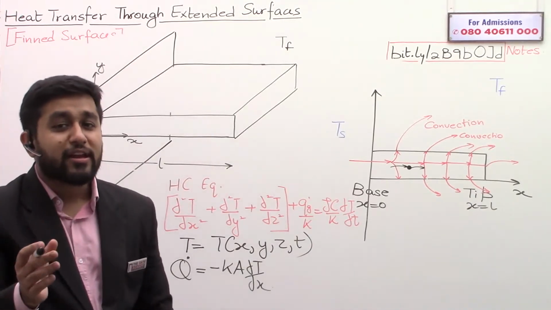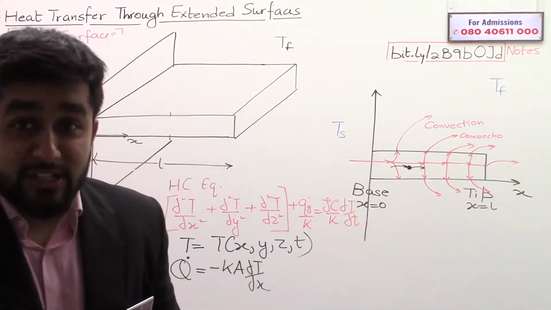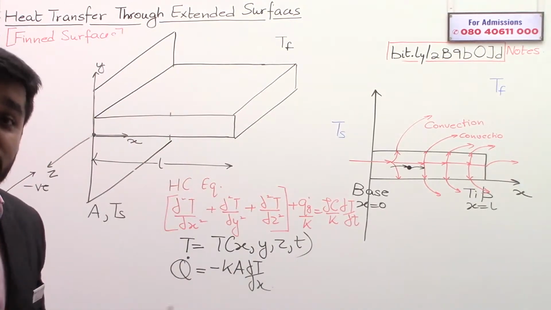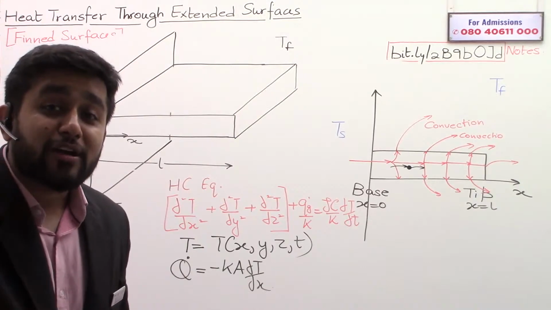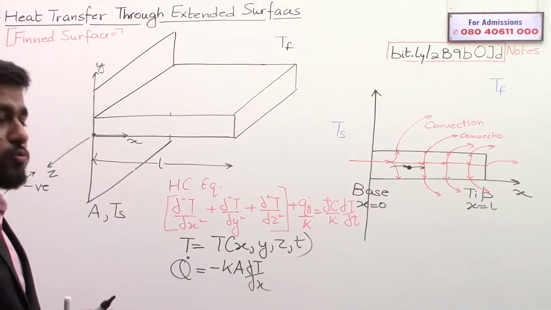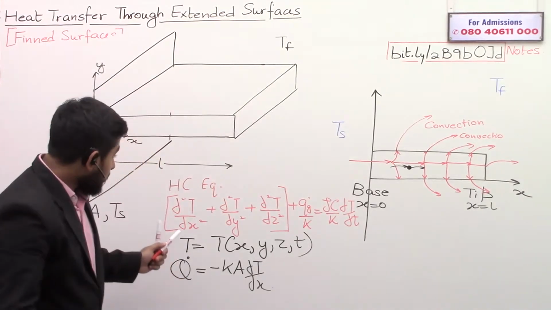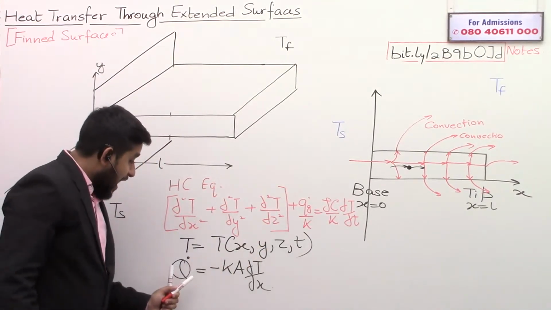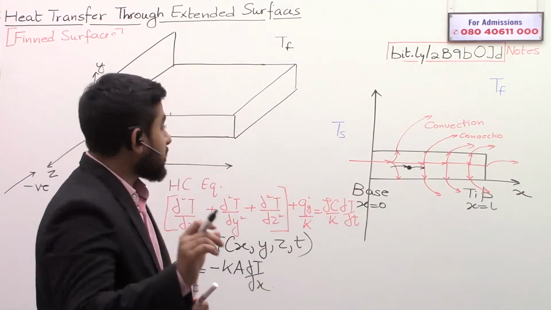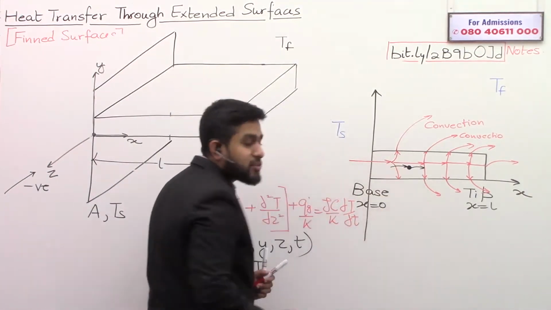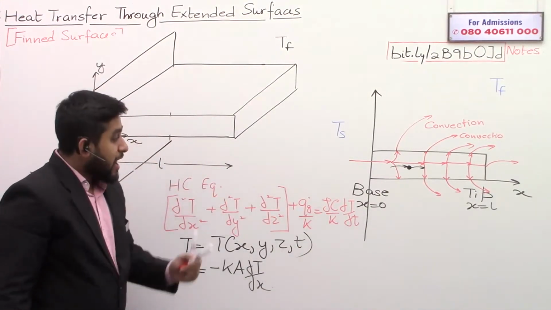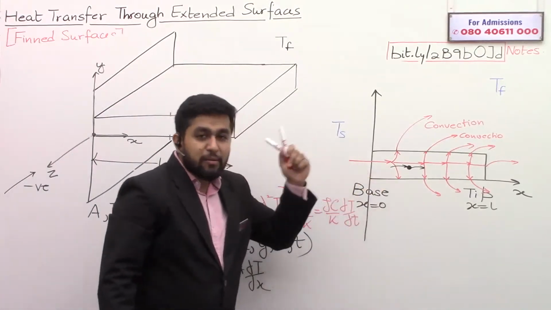So if you do not have an idea of these equations, I would suggest you that please look into the conduction chapter. These two equations are very important, and any problem of conduction is actually solved by these two only. Any problem, nothing else you have to use in any of the equations. Okay. So heat conduction equation and Fourier's law of conduction. This is what we are going to use over here. So what I will do is I will take a point inside the material, write the heat conduction equation for that point, and find out what is the temperature in the material.